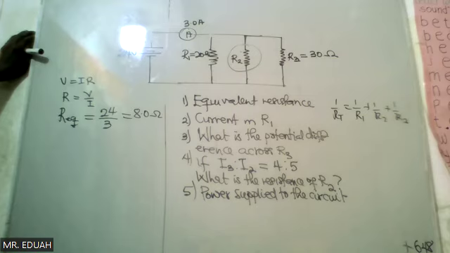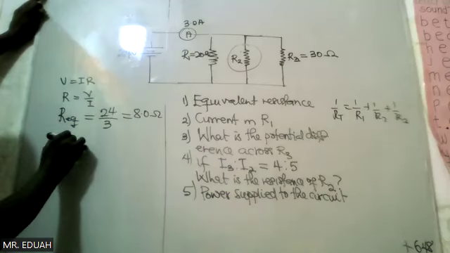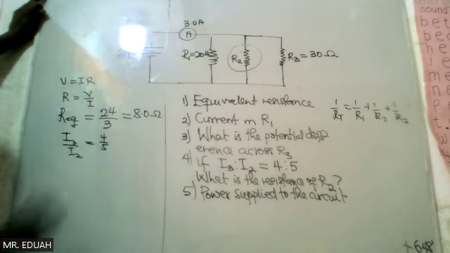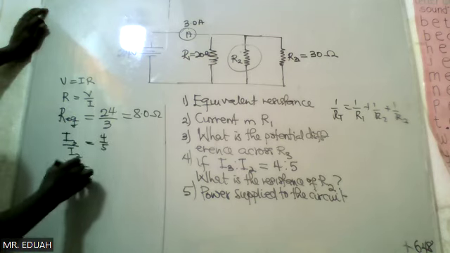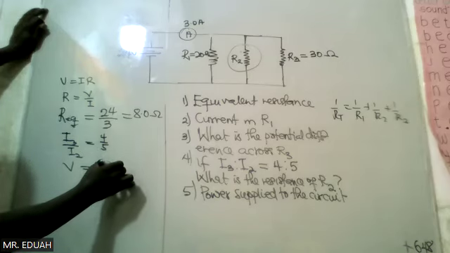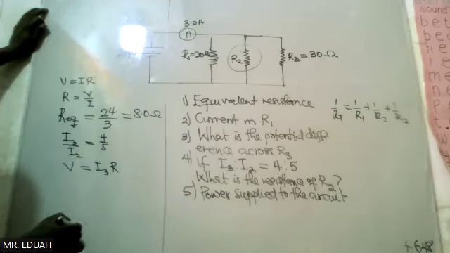First you write the ratio in terms of fraction, like I3 over I2 is equal to 4 over 5. Then we find I3 by using Ohm's law, V is equal to IR. So I3 is equal to V over R3. Are you looking for I3 or I2? We are looking for I2 first.